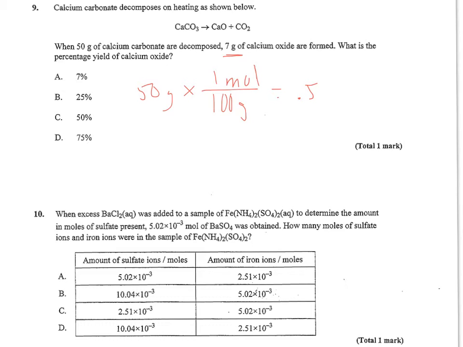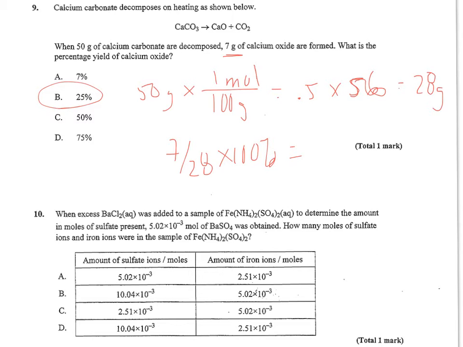Calcium oxide is 40 plus 16, so 56 times a half, about 28 grams is our expected yield. You got 7 out of the 28. So as a percentage, that's 1/4, or B, 25%.